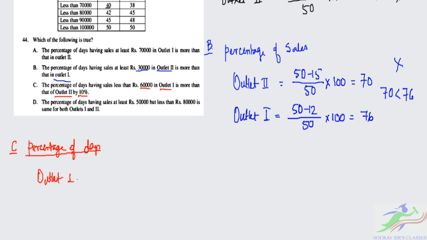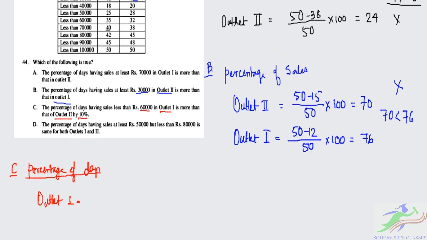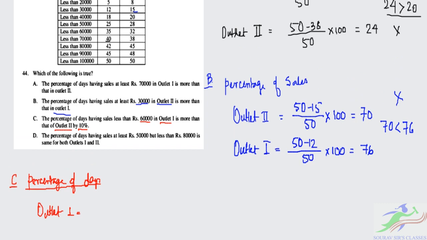First we have to find outlet 1. So it is going to be 35. Here you can see. So we will have 35 by 50 into 100, that is 70, right?